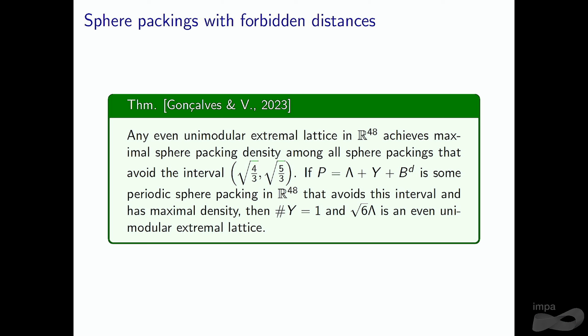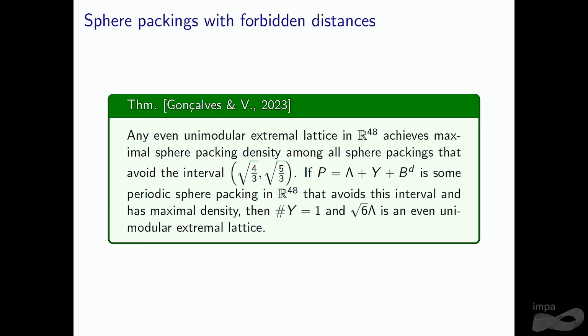In dimension 48, you consider this set here, the open interval from square root of 4/3 to square root of 5/3, as your set of forbidden distances, and you consider all sphere packings that avoid this interval, and we proved that any even unimodular extremal lattice in this dimension achieves maximal density among all sphere packings avoiding this interval.